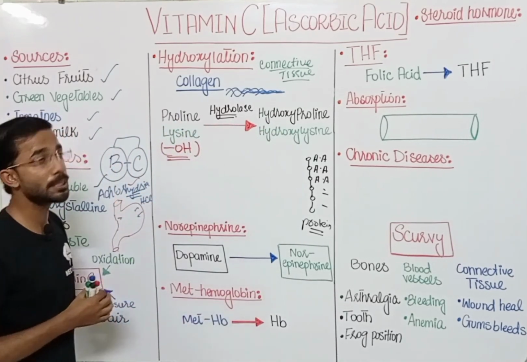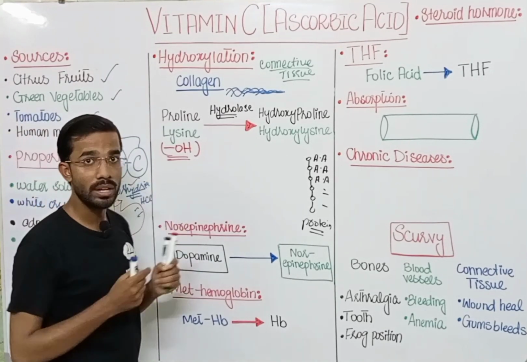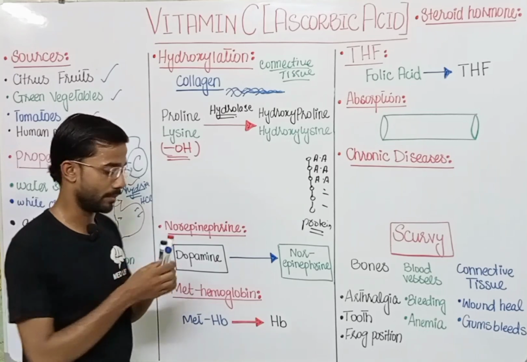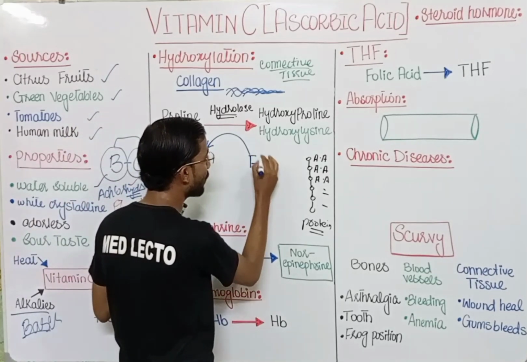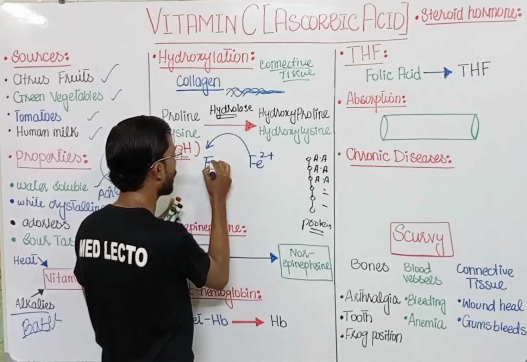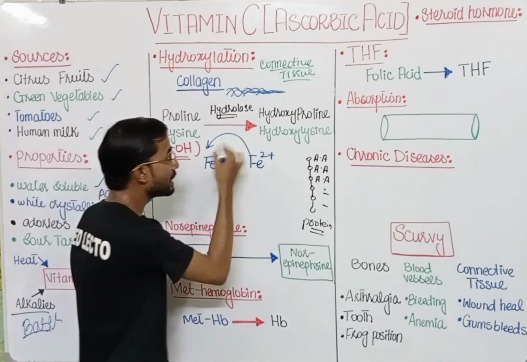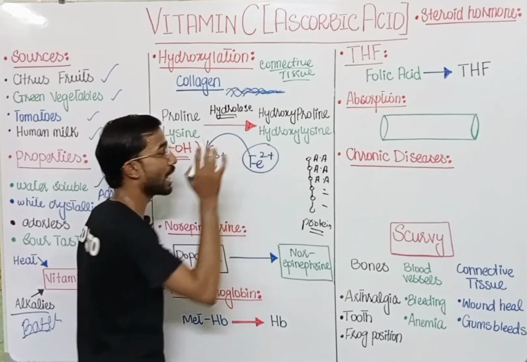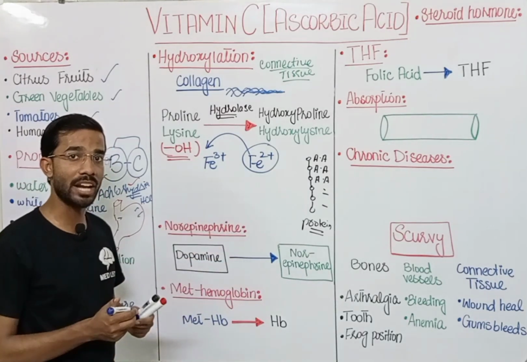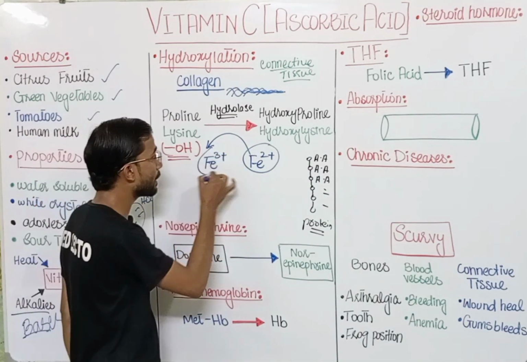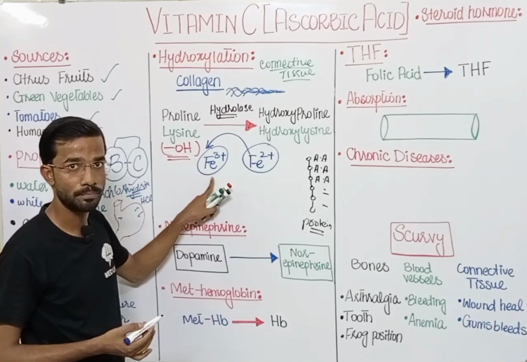In this process, hydroxylase utilizes iron. That's an important thing. In this reaction, iron is utilized in the ferrous form, Fe2+, and after the reaction the iron becomes the Fe3+ form, which is the ferric form.